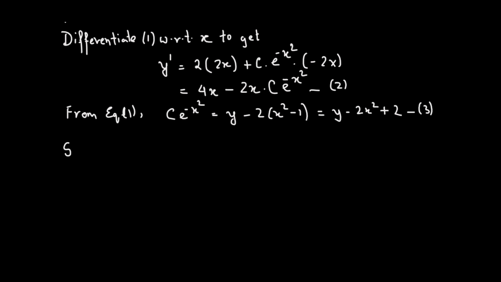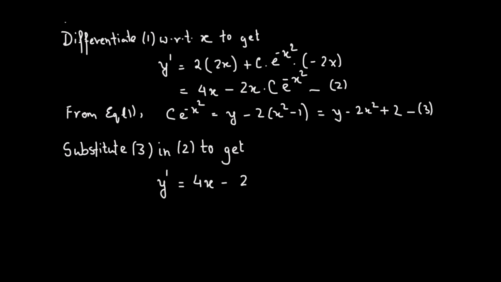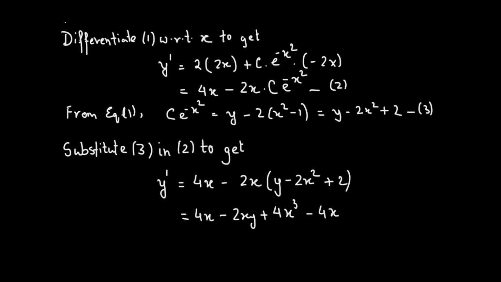Now we will substitute 3 in equation number 2 for the value of c e raised to the power of negative x squared, and that is going to give us y prime equals 4x minus 2x times (y minus 2x squared plus 2), which equals 4x minus 2xy plus 4x cubed minus 4x. 4x and 4x get cancelled out, and this finally leaves us with the differential equation y prime equals 4x cubed minus 2xy.